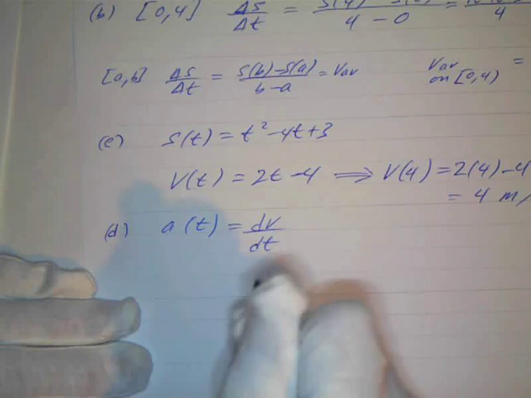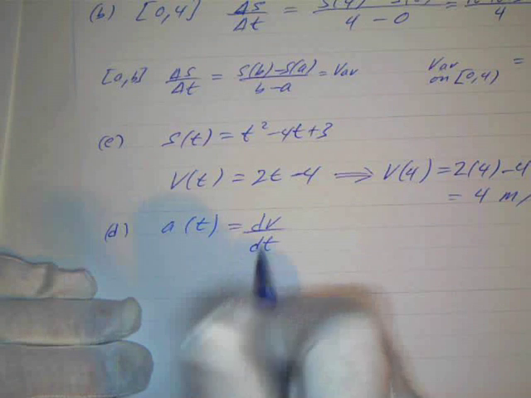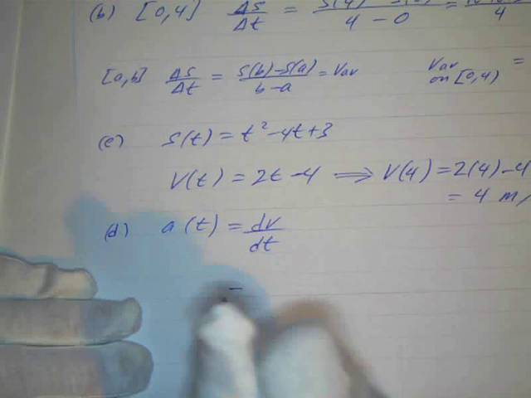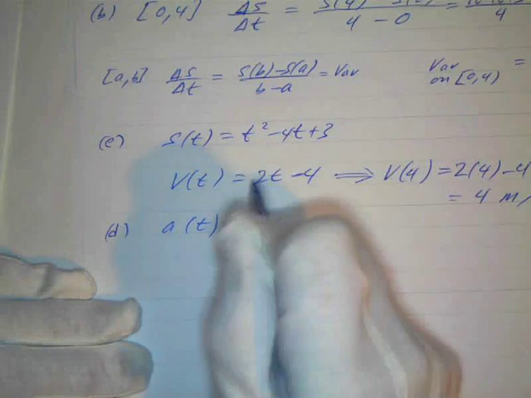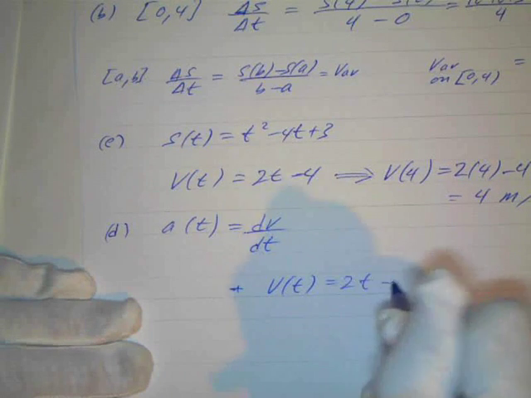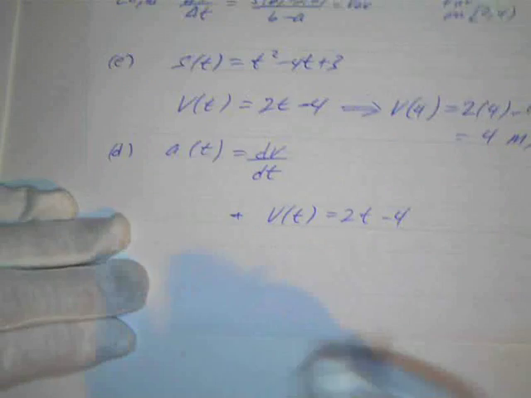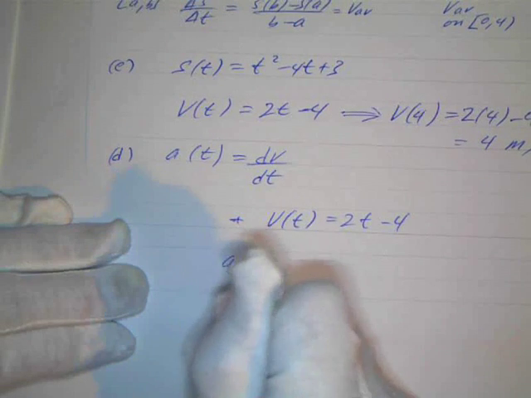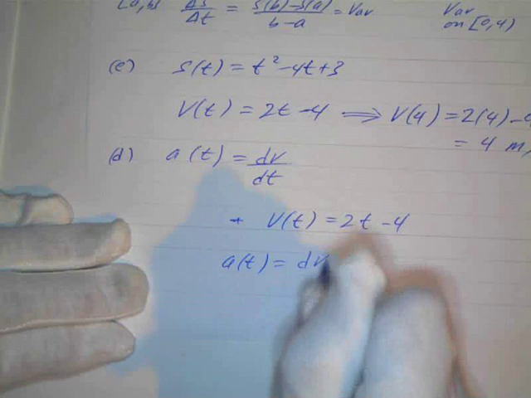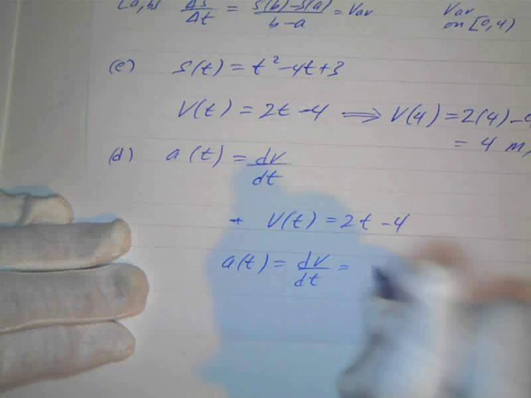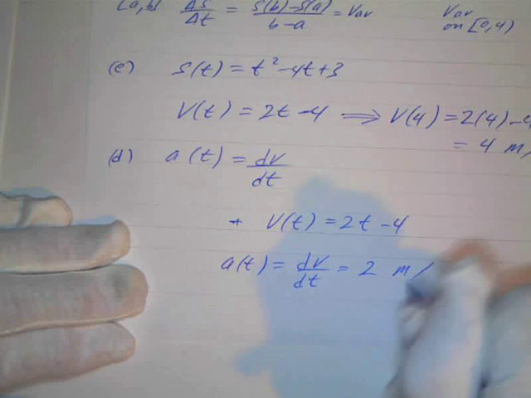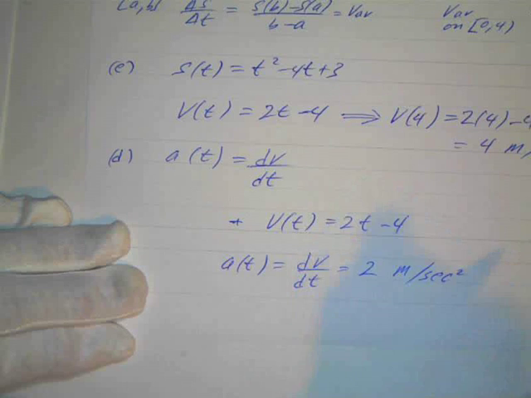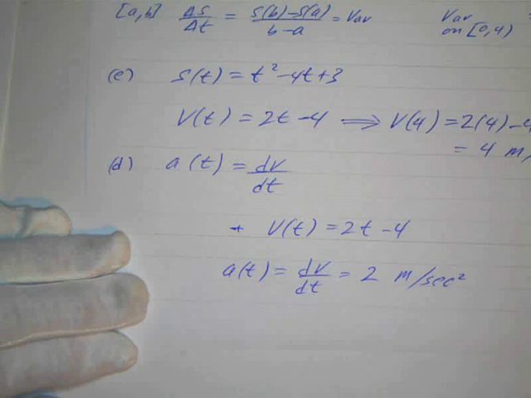My velocity as a function of time equals 2t minus 4. So acceleration equals the derivative of the velocity with respect to time, which is just 2. Now that's going to be meters per second squared, because our velocity units are meters per second, and that's just a constant 2.